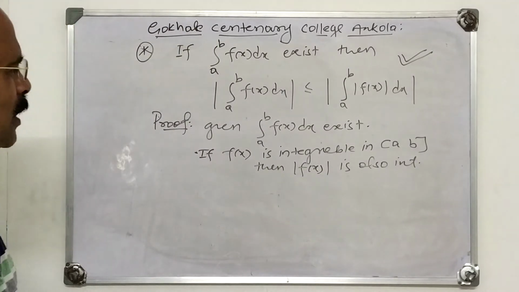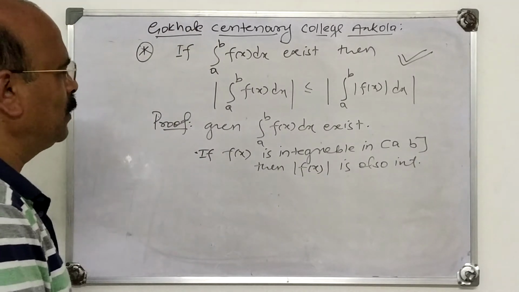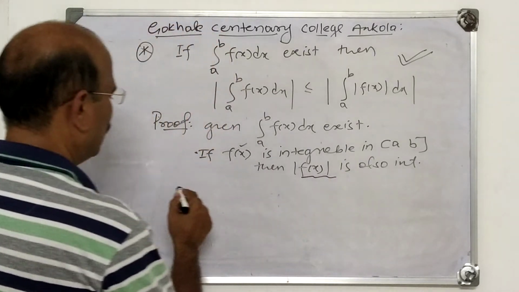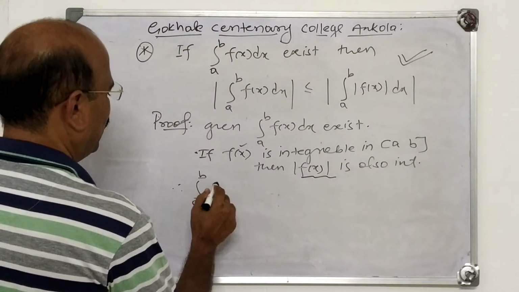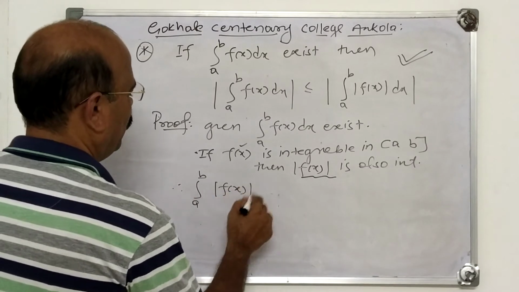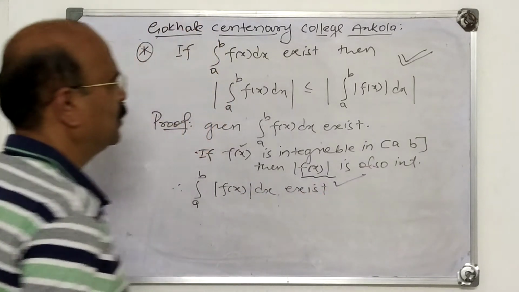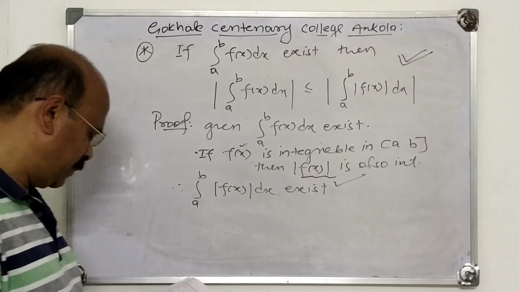You remember this result? I explained the proof of this. If f(x) is integrable, |f(x)| is also integrable. Therefore, integral a to b of |f(x)| dx exists. First result is that integral of |f(x)| dx exists.